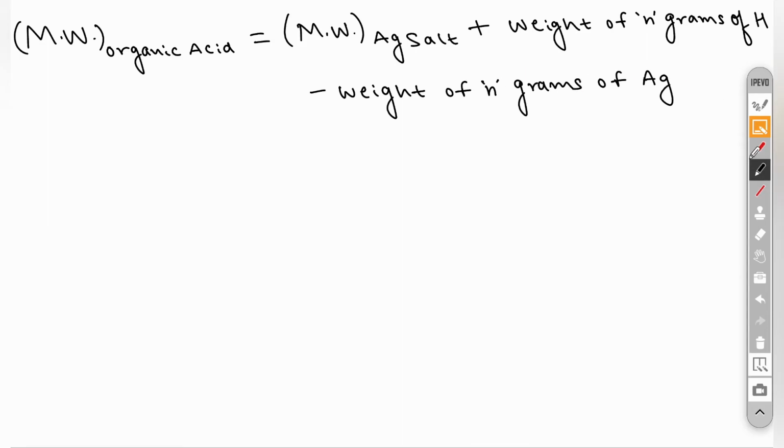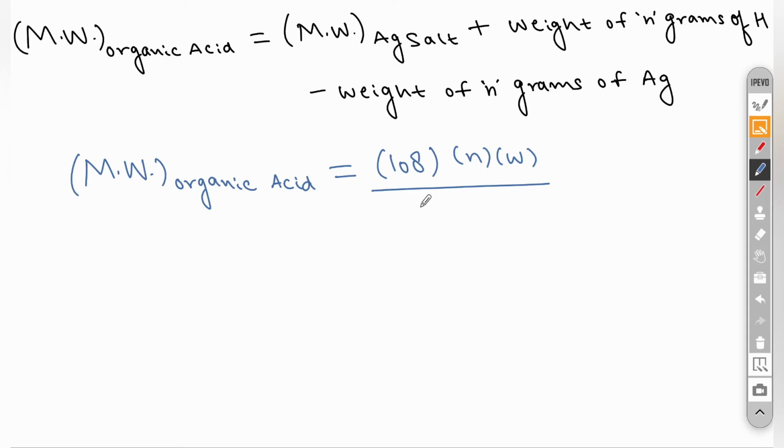Now we will simply put these values. We calculated the molecular weight of silver salt, which was 108 times n times W divided by X, plus the weight of n grams of hydrogen, which is n into 1, minus the weight of n grams of silver, which is n into 108.